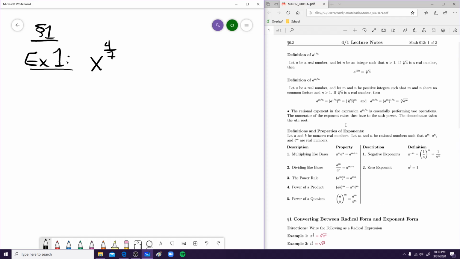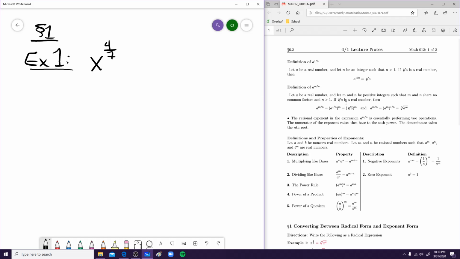I'm actually going to use the definition of a to the m over n. Correlating them, a in our case is x, so it's the base, and m is the numerator of our exponent, which is 4, and n is the denominator, which is 7.